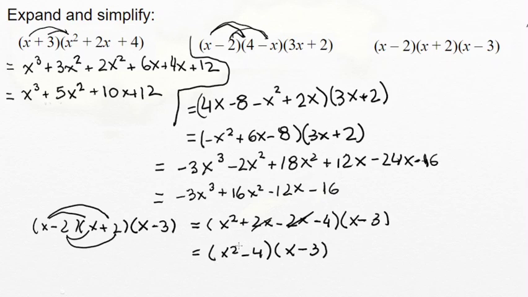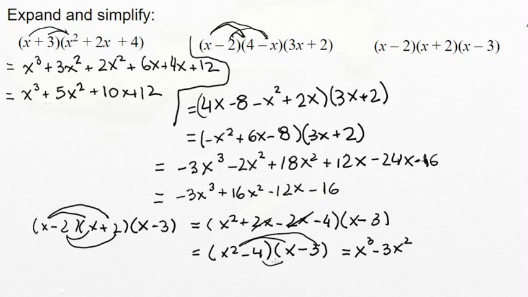Now if we expand those, so x squared into x and x squared into take away 3, we'll get x to the power 3 first, right? X squared times x. And the second multiplication will be minus 3 times x squared, so minus 3x squared.